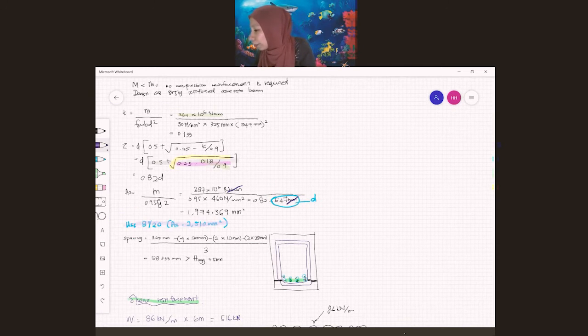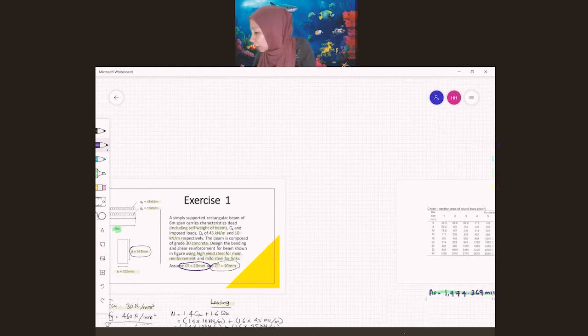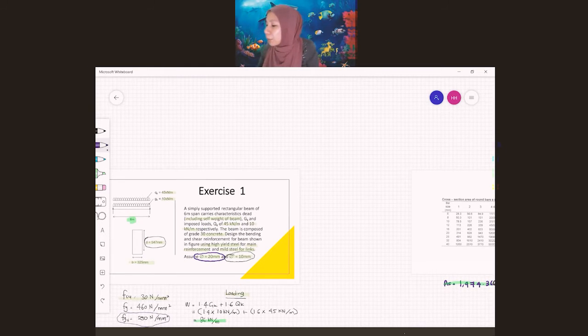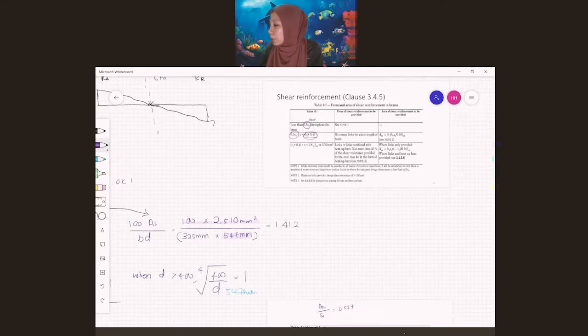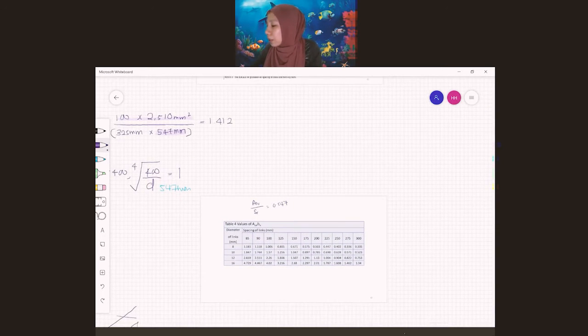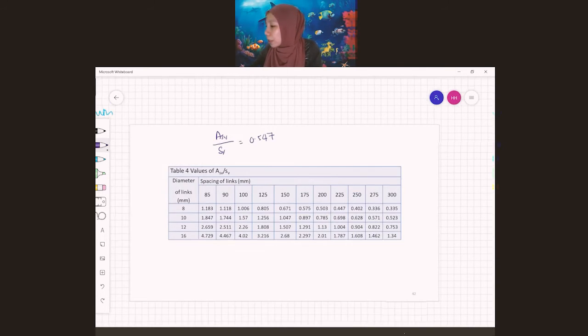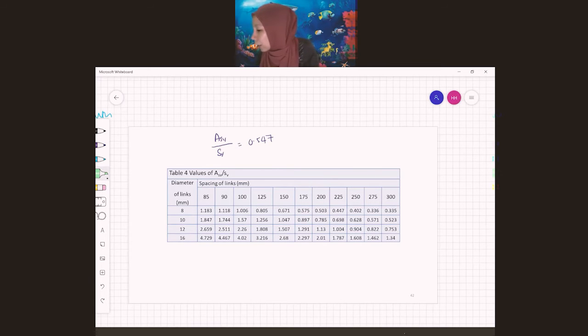Kita ada assume ke? Ataupun it's already given, kita kena pakai time. Okay, dalam soalan dah ada mention that you have to use a 10 mm diameter for link. Okay, we need to use this one. Jadi dalam soalan ni, we are only limited for 10 mm. The situation here, kita kena pakai 10 mm link. So I highlight.